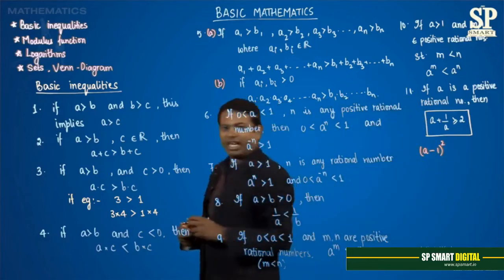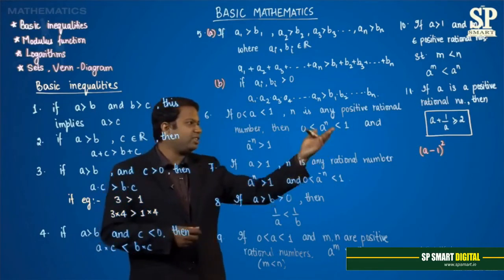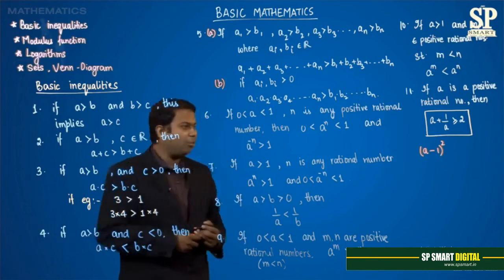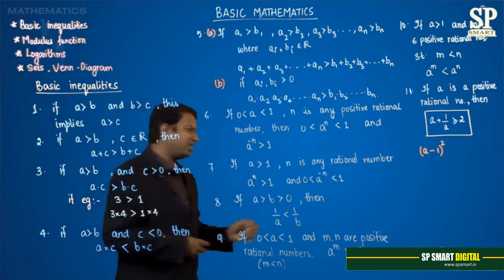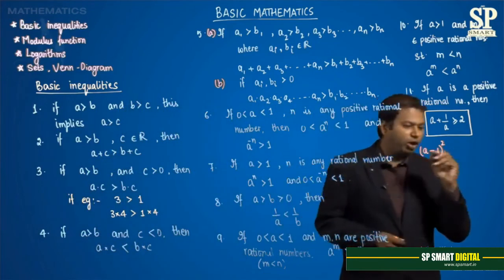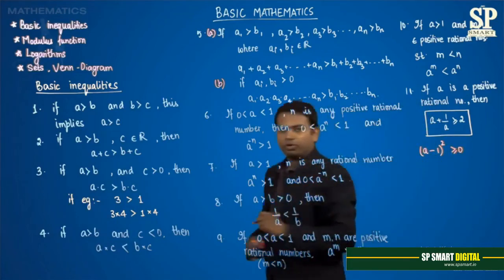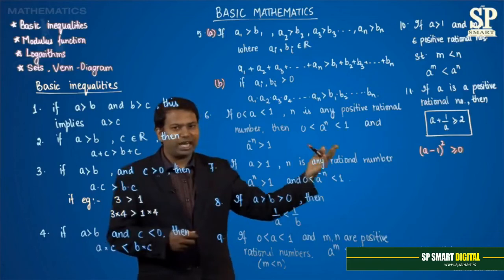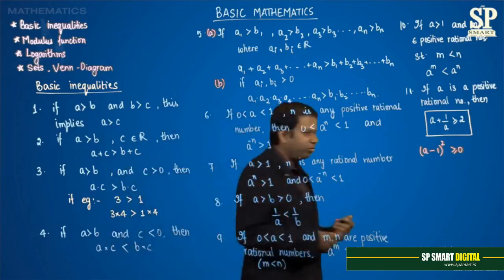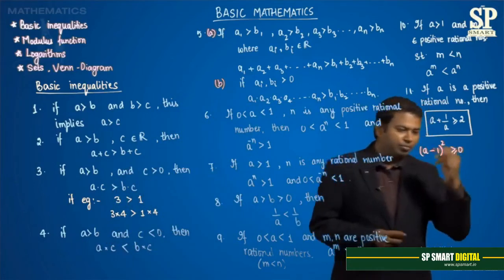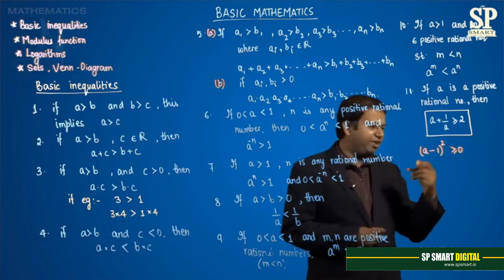Considering a to be a positive rational number, no matter what value of a we take, this expression is always going to be greater than or equal to 0, because any rational number squared is always greater than or equal to 0. Now let us see what we have if we expand this.